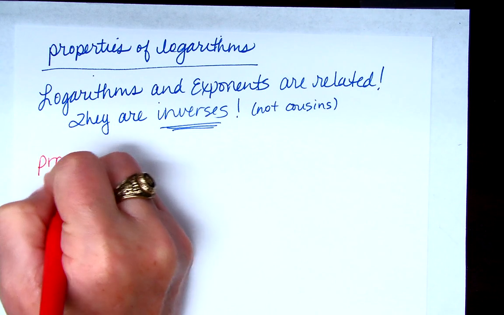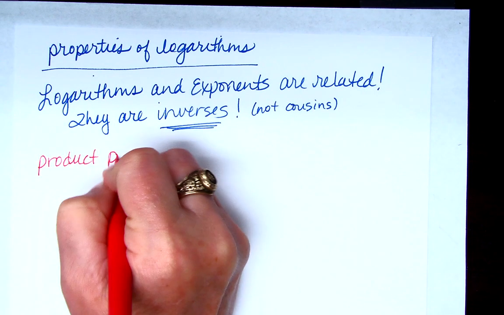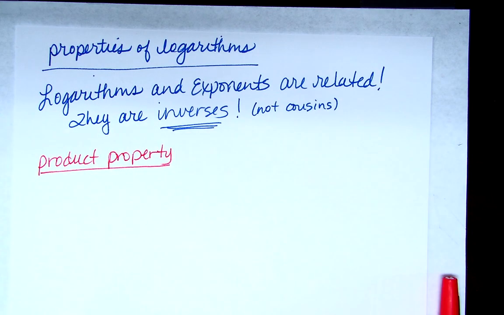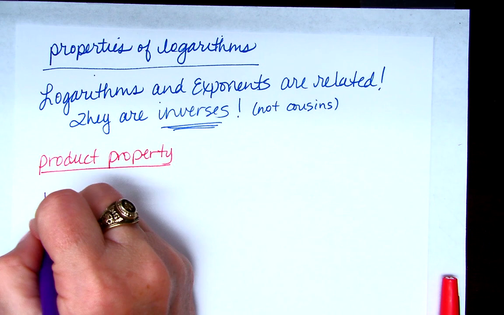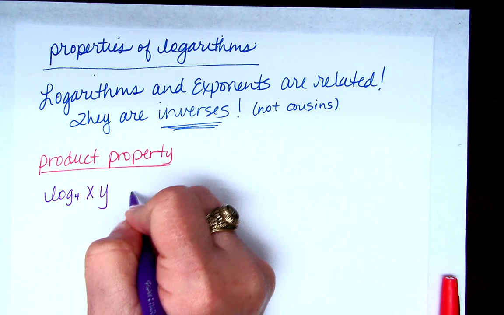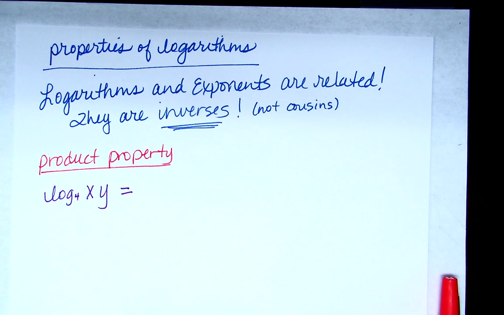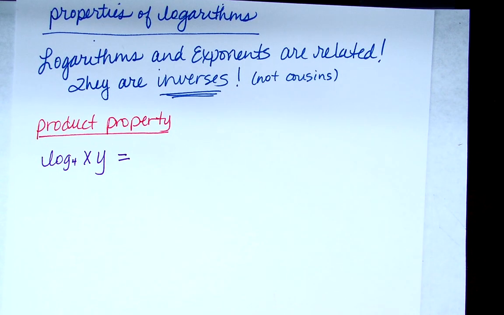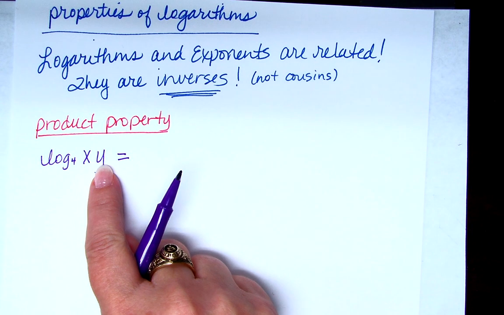Product property. The product property says that if I have a logarithm, like log base 4 of xy, I can expand this logarithm. When I expand it, it means for every term that's inside the logarithm, I'm going to write the word log once. So how many terms are inside this logarithm? 2.